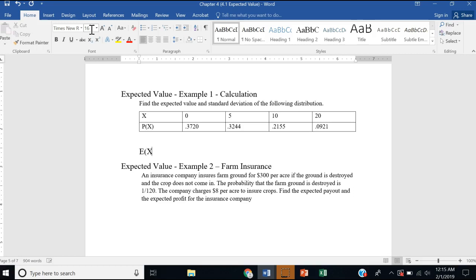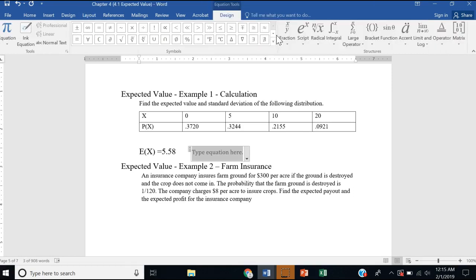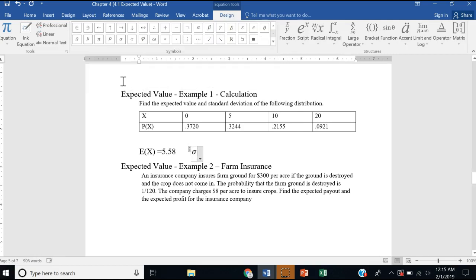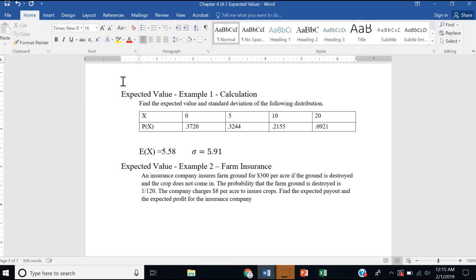We would say the expected value of x is equal to 5.58, and the standard deviation, let me go standard deviation symbol. I would have just written this down had I been writing it by hand in my notes, 5.91. Okay, so the expected value, 5.58, and standard deviation, 5.91. Again, I'm rounding those two things to 2 decimal places.